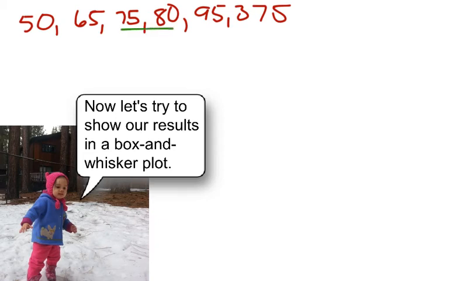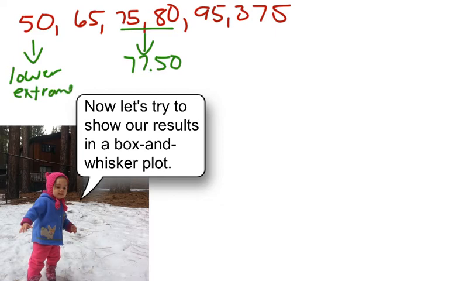And again, I have 2 numbers in the middle, so I remember my median is 77.5, or 77.50 I'm going to put because we're dealing with money. Now I'm going to look at my extremes. So my lower extreme is 50. And my upper extreme, or my highest number, is 375.